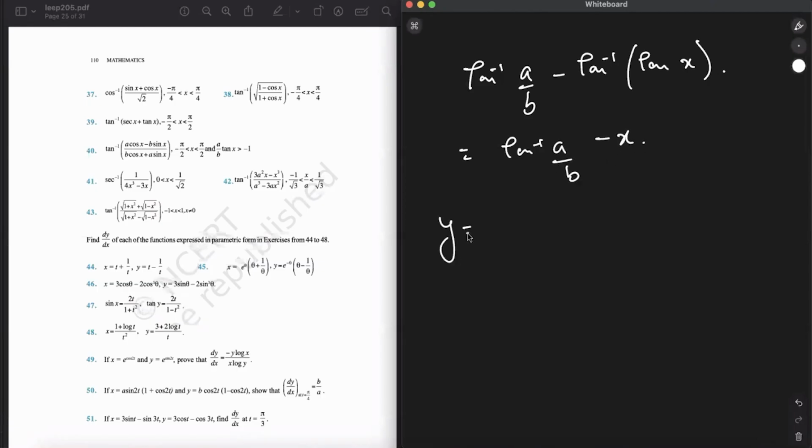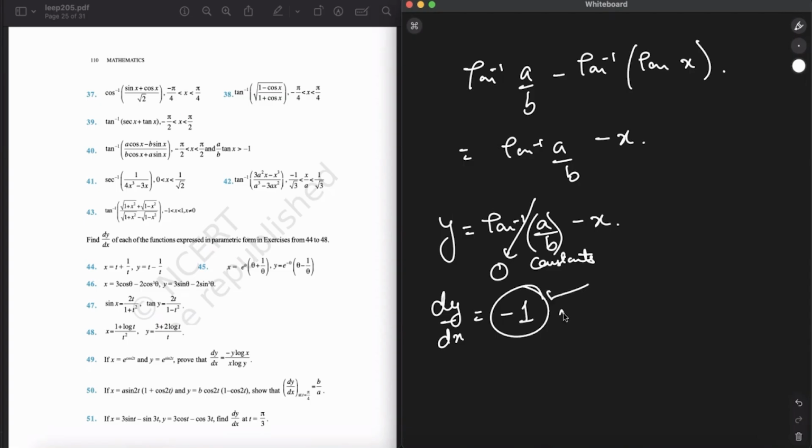Now my y has changed to tan inverse a by b minus x. If I differentiate it with respect to x, the first part will come out to be 0 because these both are constants, and this part will give us minus 1, which will be the answer.